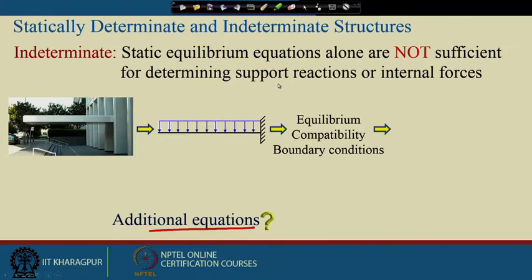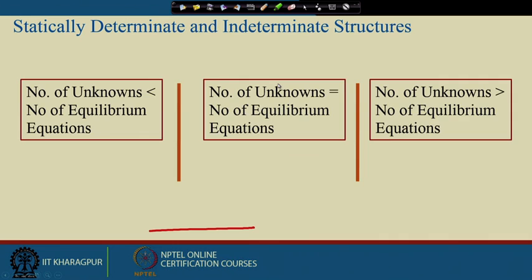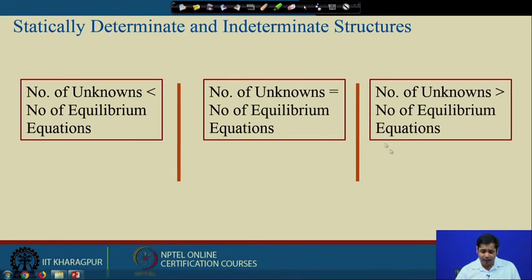Now, based on how many equations are available and how many unknowns are present in our analysis, we can have three different cases.